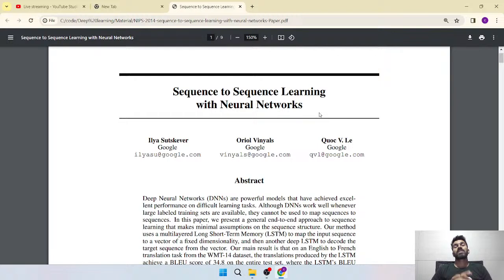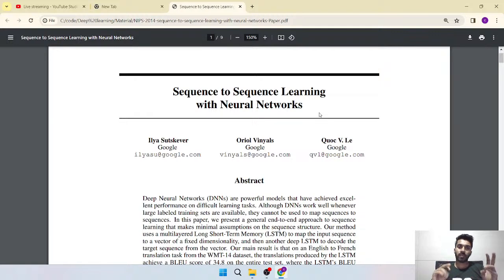So the researchers thought that we cannot solve this type of problem by applying simple machine learning algorithms like LSTM. We have to apply another algorithm where the encoder and decoder are separated. This is the fundamental idea of sequence to sequence.